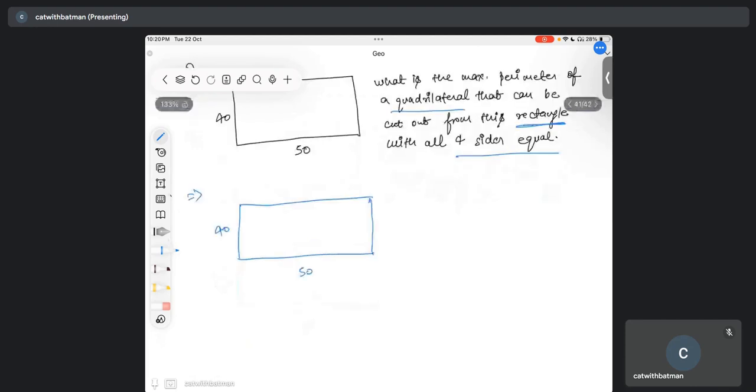Now look, all four sides of the new quadrilateral should be equal. That we need to find out. So let's say this is A, this is B. Let's say from this side, we are cutting till here. And let's say this is X. And since we need all the four sides to be equal, I will try to take it like this.